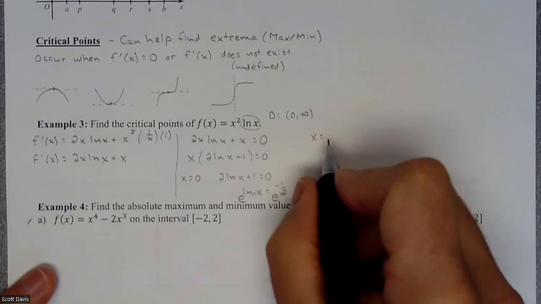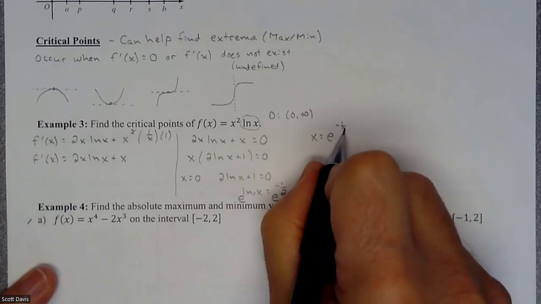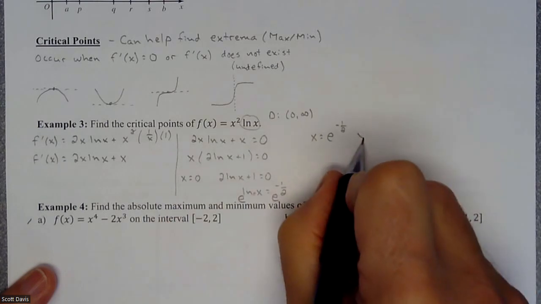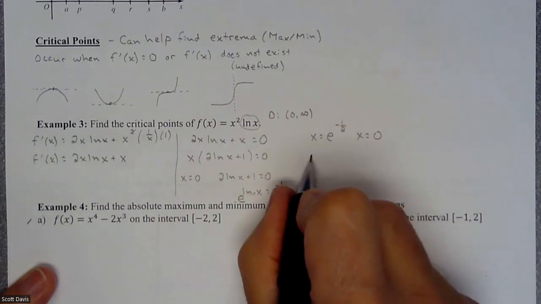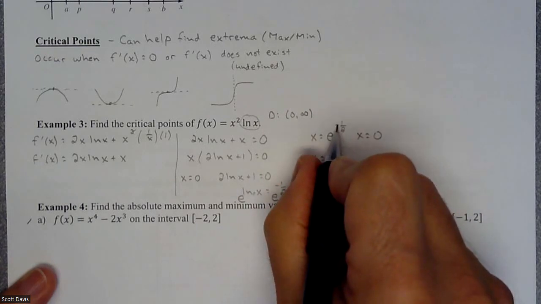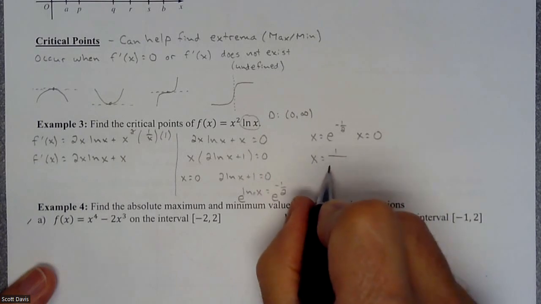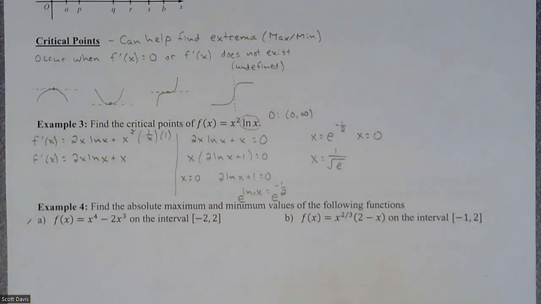So then x equals e to the negative 1/2. And then our other answer was x equaling 0. Let me just rewrite one last time: I have a 1/2, so that's a square root, and a negative. So it's 1 over the square root of e. And then x equals 0.